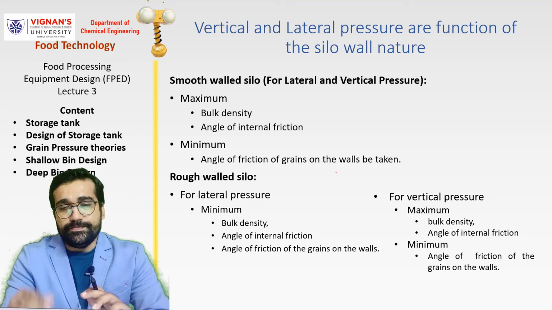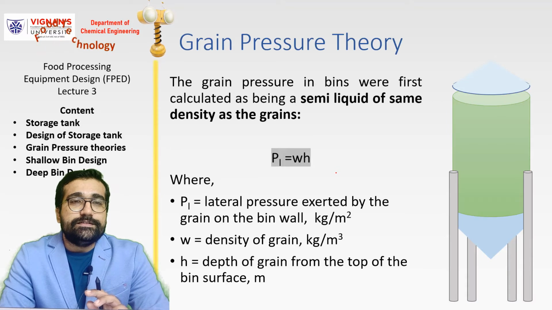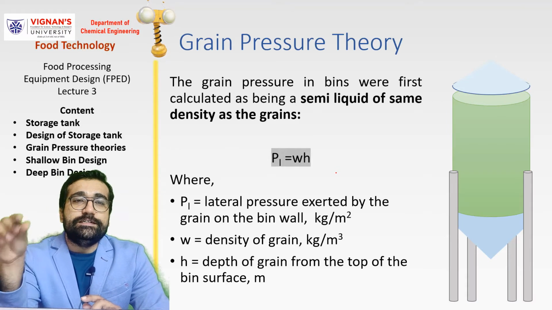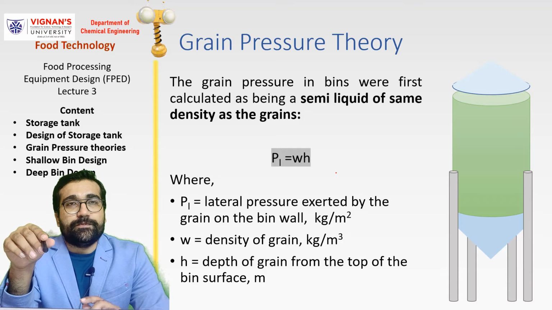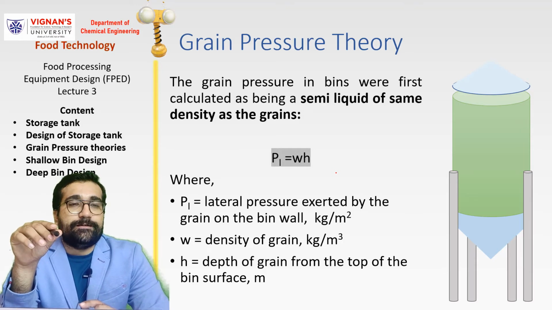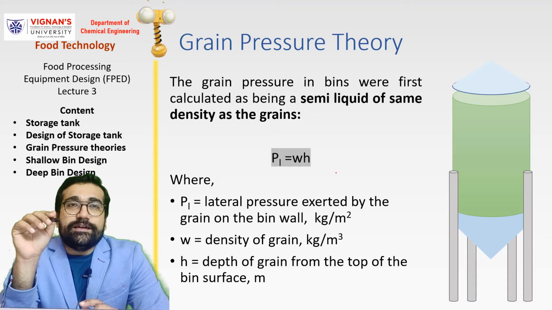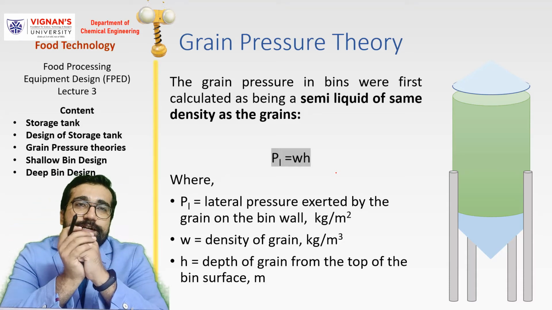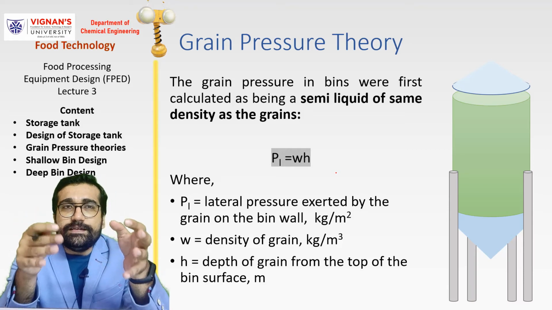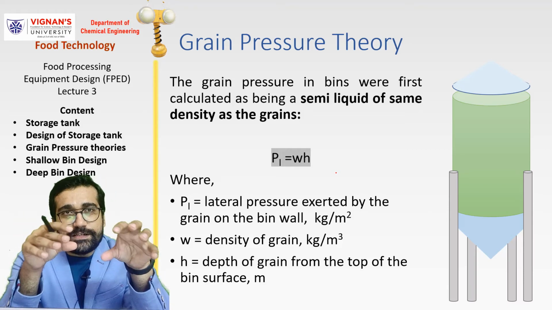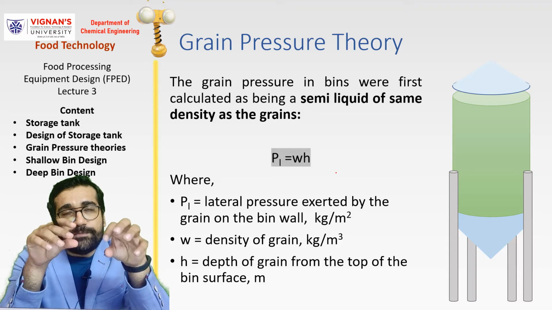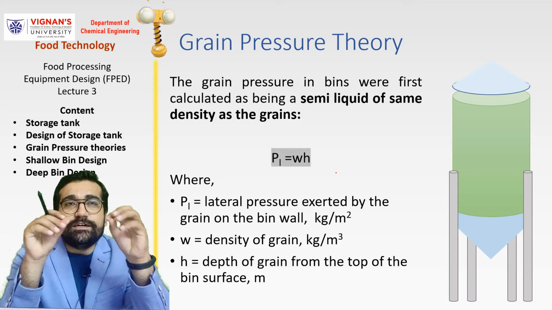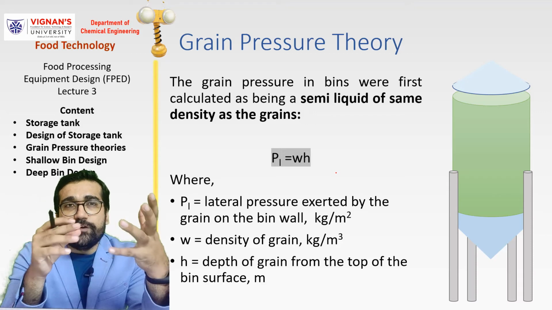Then after this there are some grain theories, based on whose principles we will design the storage tank. How did the first grain pressure theory start? It started by considering the grains as a semi-liquid component.